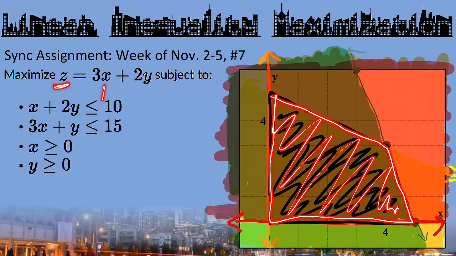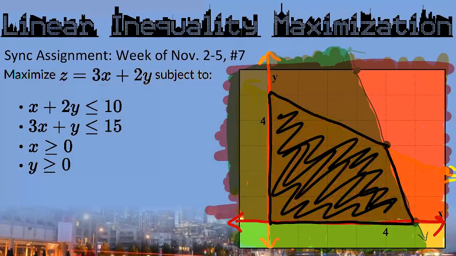So which points can I plug into x and y that will make z biggest? That's what we're doing. So the ones that we should look at are the ones along the outsides. So for instance, this point, this point, this point, and this point. Because we have all linear inequalities, we can just look at the ones around the outside.